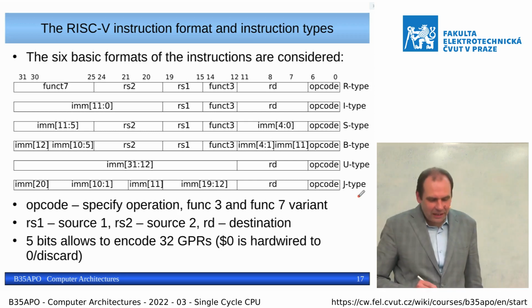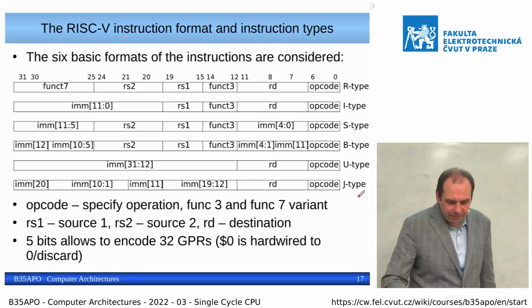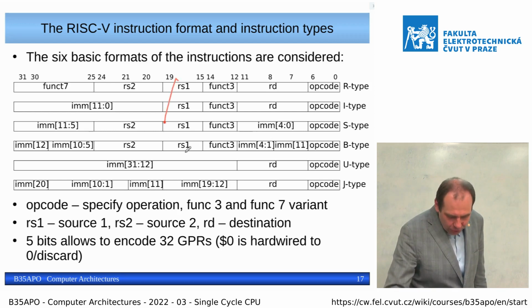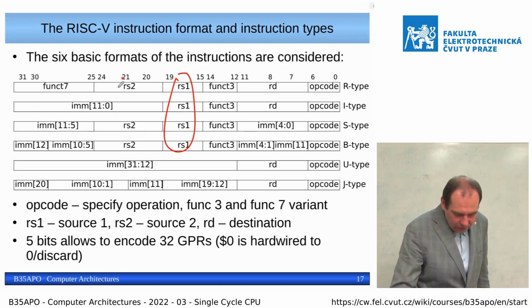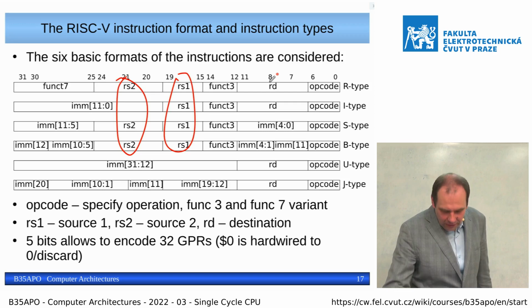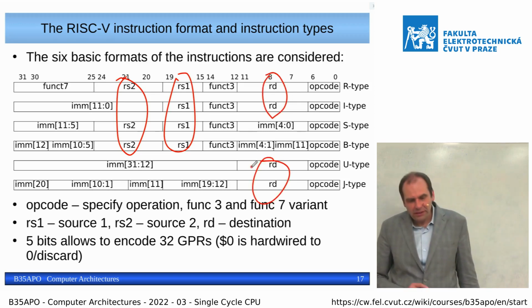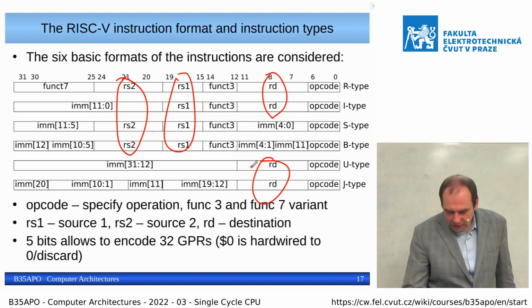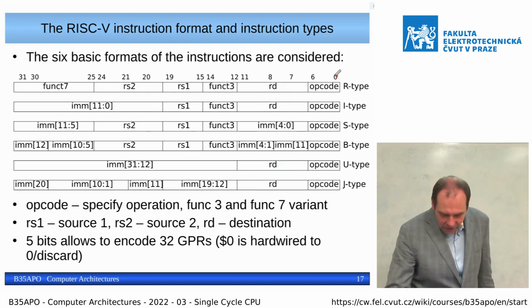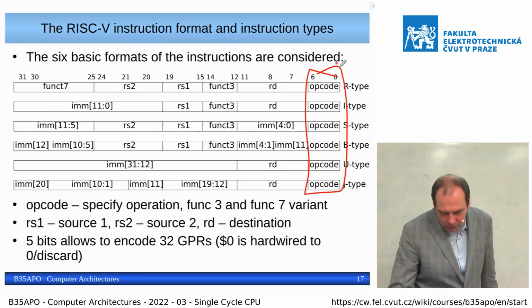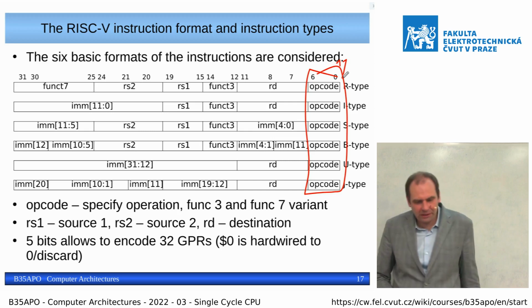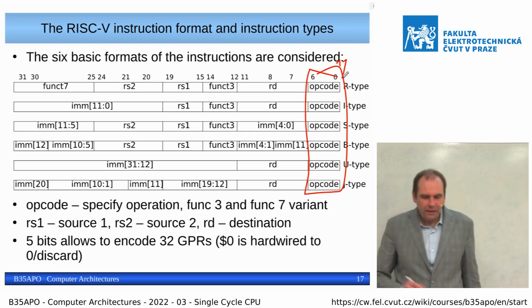So they decide as the priority that the position of source register 1, source register 2, and a destination register doesn't change in any case. But what does it mean? This means the operation code is the 7 least significant bits, but the last 2 are 1 for 32-bit encoded instructions.